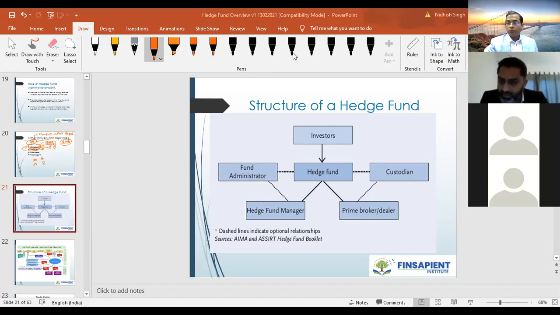The revenue for an investment manager will be management fee and performance fee, right? The revenue for a custodian comes from the fact that it holds all these assets on behalf of the clients, so it can earn interest on that. So these are all different businesses. Just think about one company, how many different licenses you want to hold, how many different services you want to provide. That's all that is.